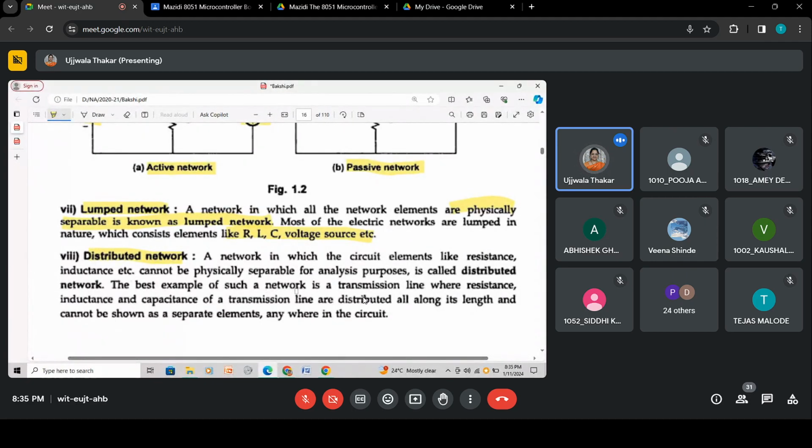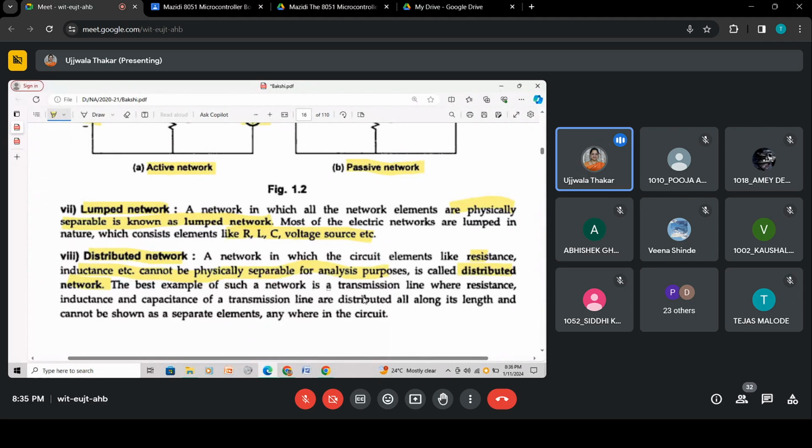A distributed network is a network in which circuit elements like resistance, inductance, etc. cannot be physically separated for analysis purposes.